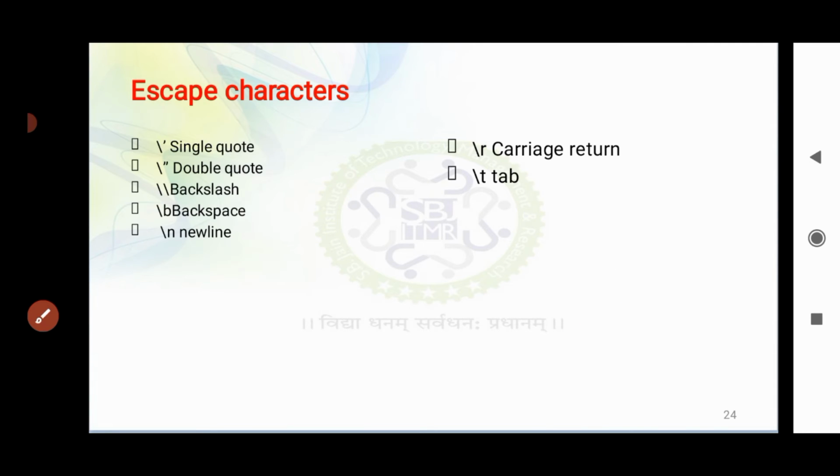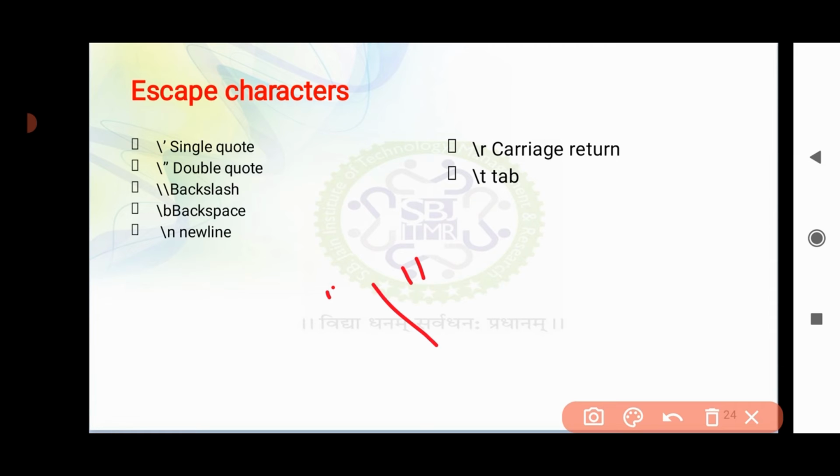Then we have escape characters. In Python strings, the backslash is a special character, also called an escape character. It is used in representing certain white space characters. Whenever you want to use certain white spaces or extra space characters, you can make use of escape characters in the program.